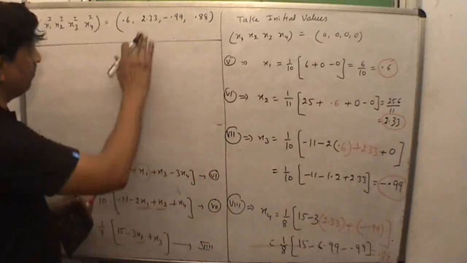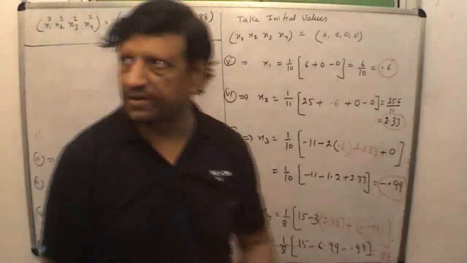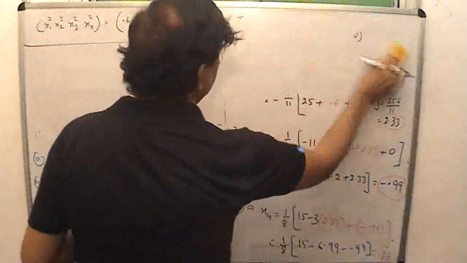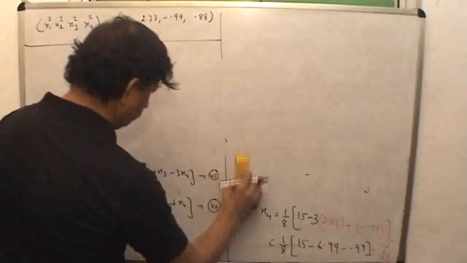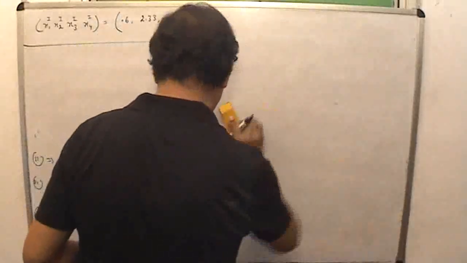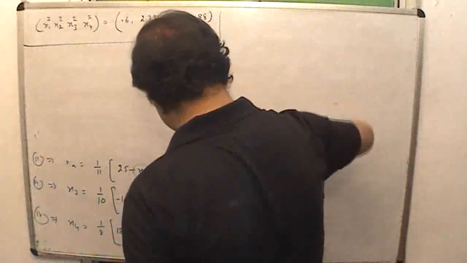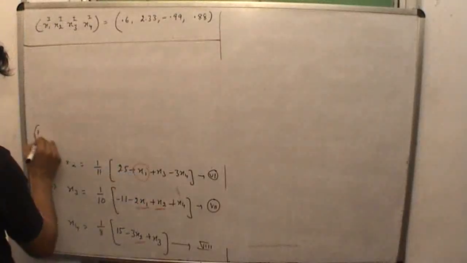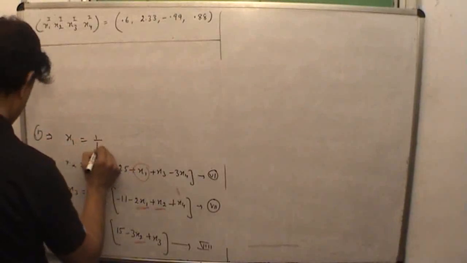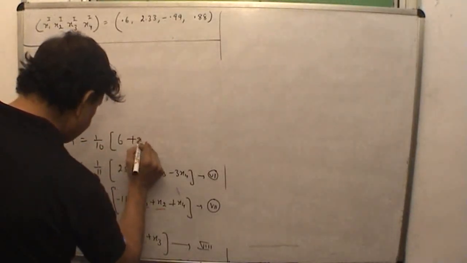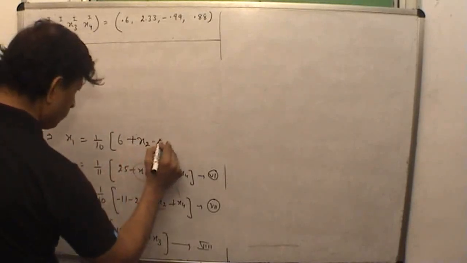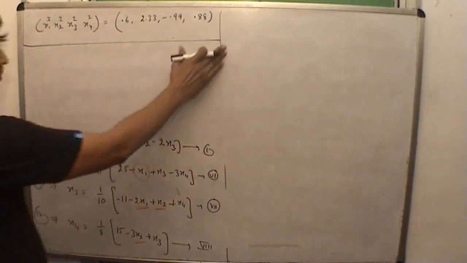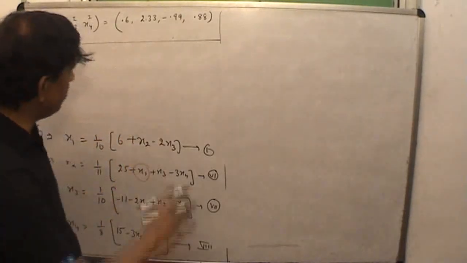By using all the values of the new step in the second step, the basic equations are the same. Now we consider these new values which we found in the first iteration.